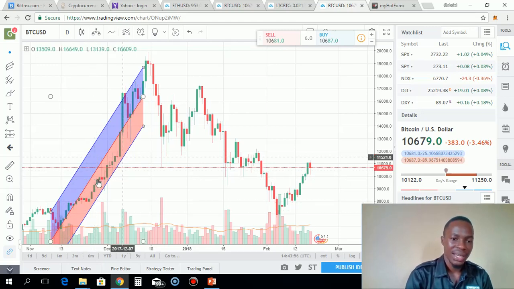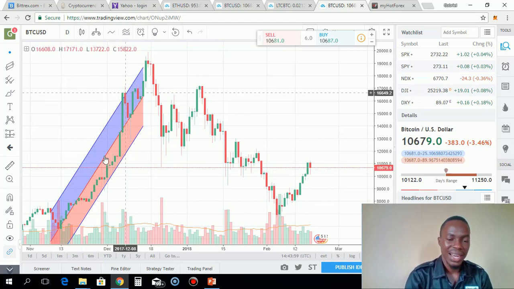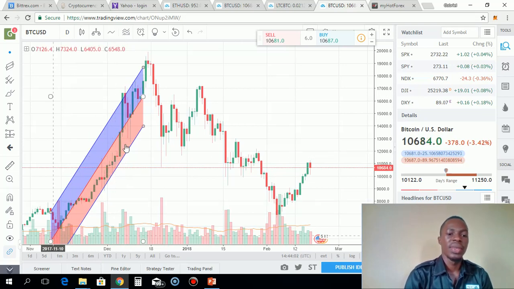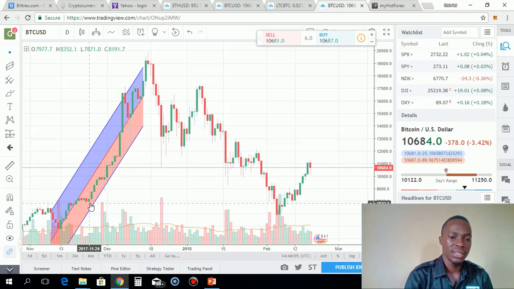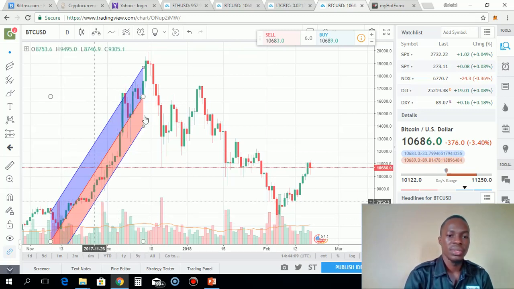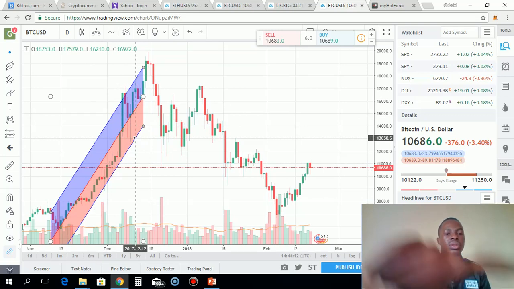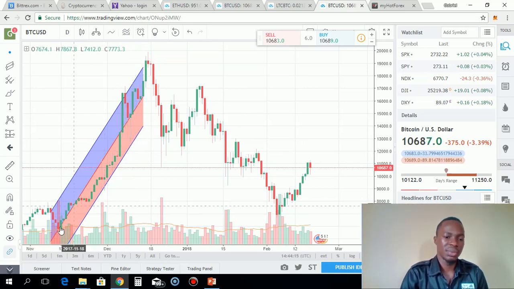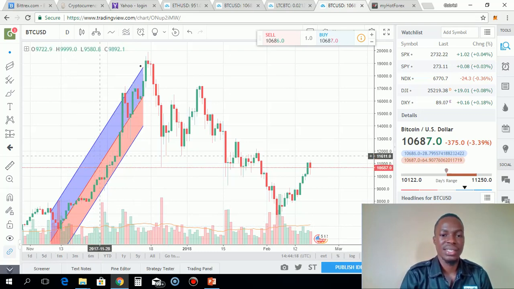This other high is higher than the previous high. This other high is higher than the previous high. So it's constantly making higher highs and higher lows. You can see that this low is higher than the previous low. This low is higher than the previous low. This low. So during this period, Bitcoin was said to be in an uptrend, or this is characteristic of an uptrend.